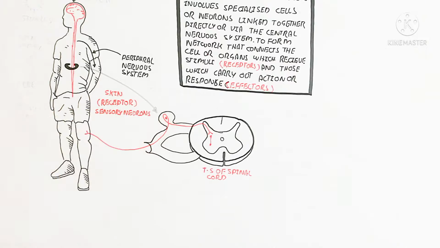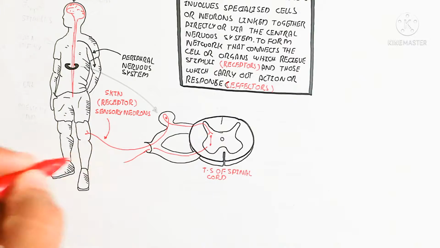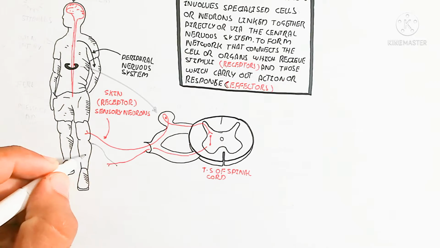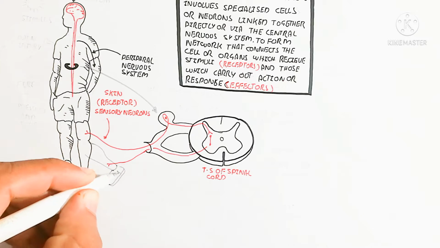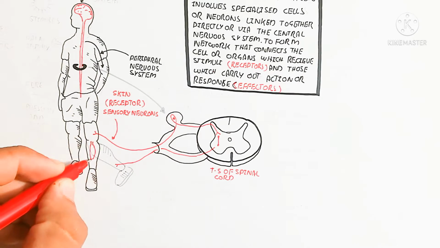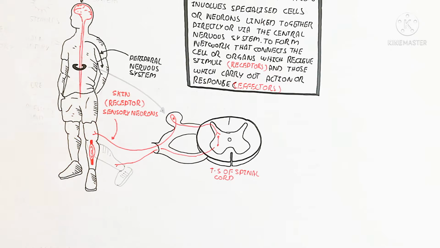It is known as the receptor, and these sensory neurons in the skin feel the sensation of something, and the signal travels through the dorsal root ganglion, which leads into the dorsal horn of the gray matter.